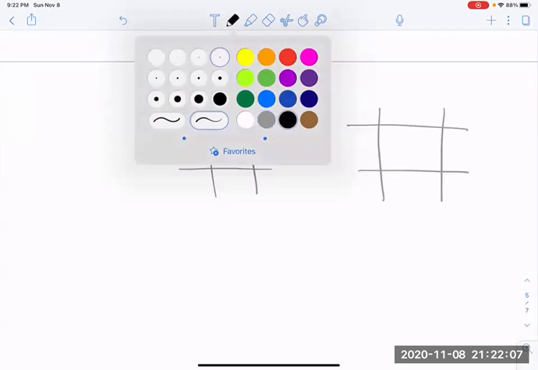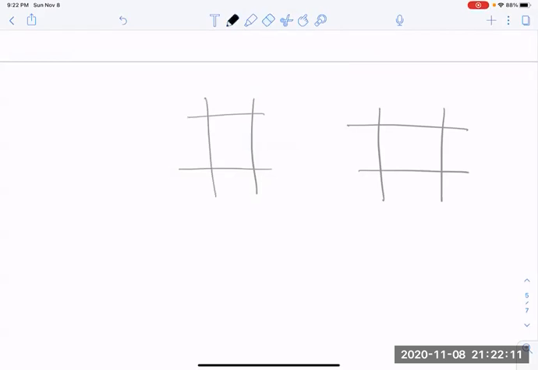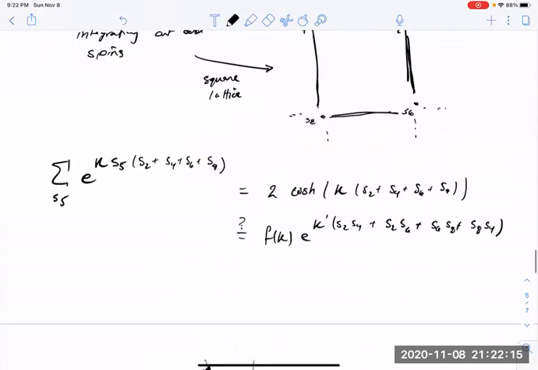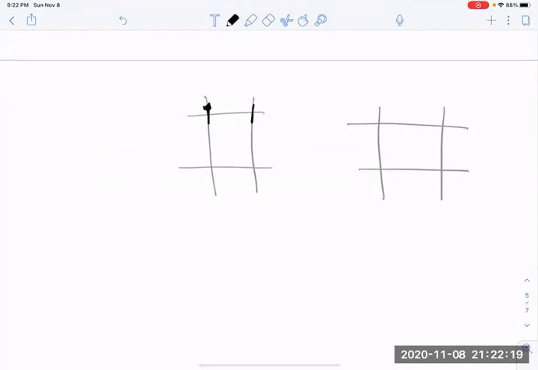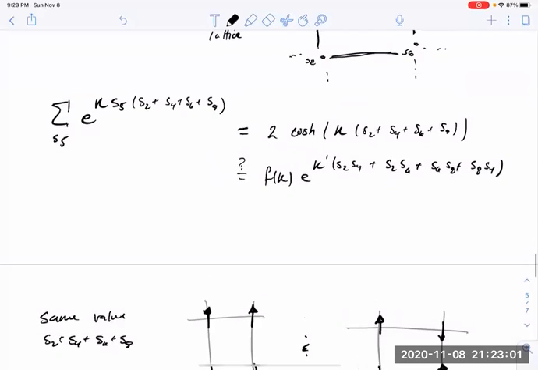With 2, 4, 6, and 8 sitting on it. Well, if I had, say, spin 4 sitting there pointing up, S2 pointing up, these 2, 6, and 8 pointing down, and an arrangement like this, the total sum S2 plus S4 plus S6 plus S8 is the same, which is what goes into this equation.